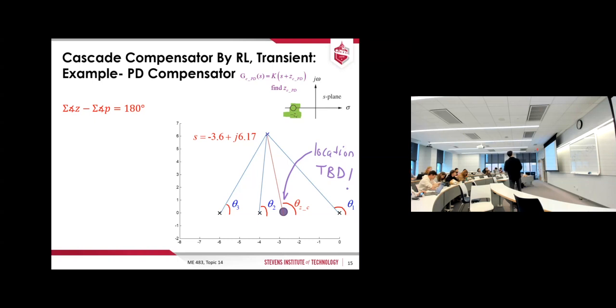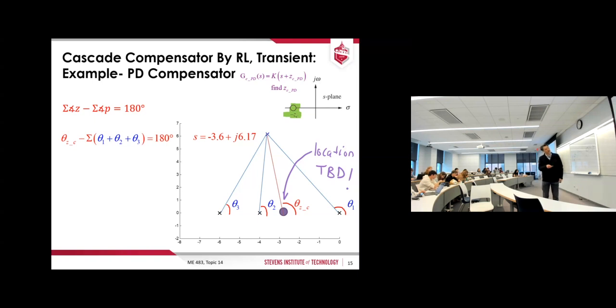In order to figure out this location, we use that criteria of this angle. Again, we have this design point. We want this design point to lie on the new locus. That's what we want to do here. Are you guys with me? Good. Now, the sum of the zero, only one zero, ZC, the zero for the controller, that's the angle for that.